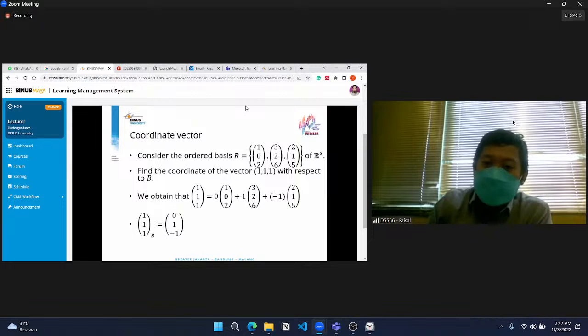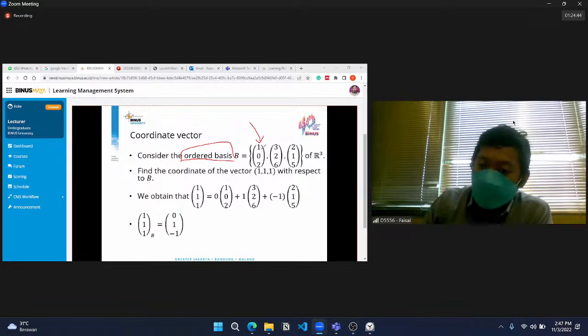So for example, let B be an ordered basis in R3. This is not a standard basis, just an ordinary basis. Now we see B as an ordered basis. The first one must be the vector (1, 0, 2).